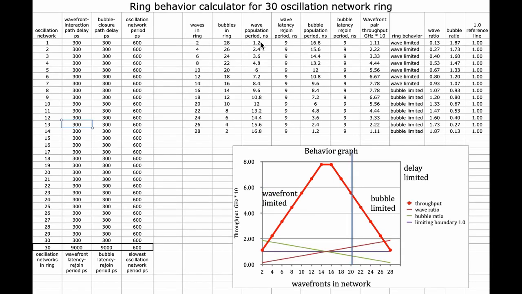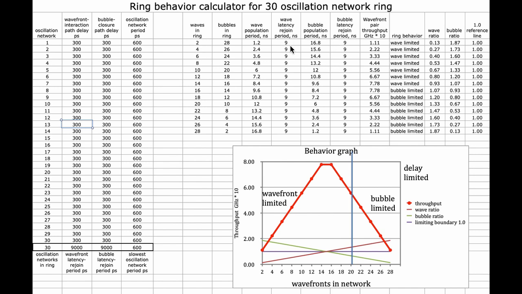This is the wavefront period for the population. So this is the wavefront population times the slowest oscillation network. And these times are in nanoseconds. You'll notice that these times are in picoseconds and these times are in nanoseconds.